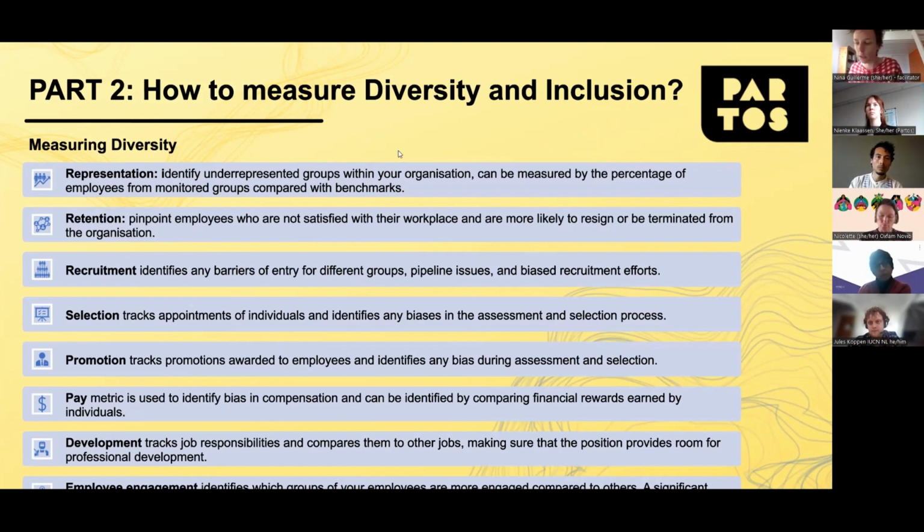Employee engagement means the level of enthusiasm and dedication that employees feel towards their work in the workplace. How to measure? The next slide, please.